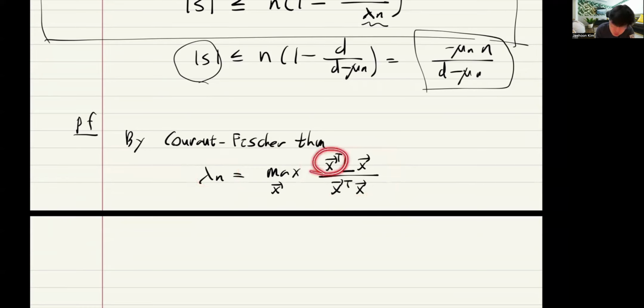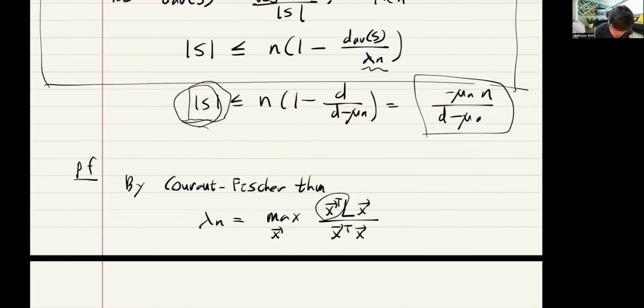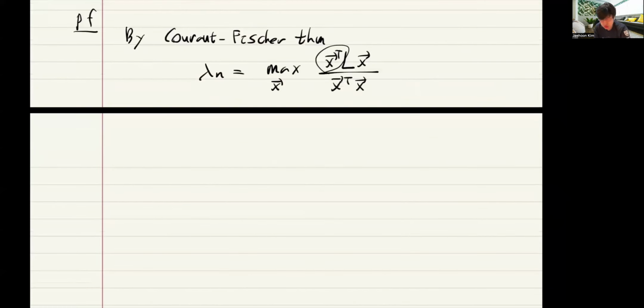And we want to take this specific vector as a vector that's related to this S. In particular, one good candidate is the characteristic vector of S. But if you do the computation, it's actually better to take the following vector.